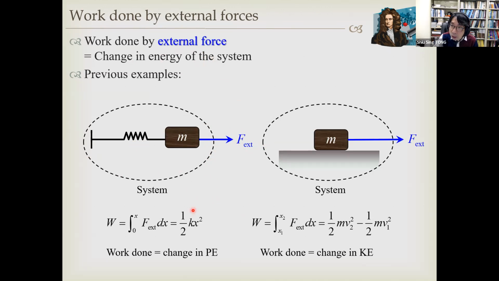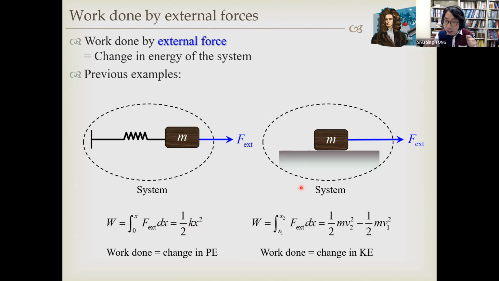And in the beginning of this chapter, we found that applying the external force on stretching the spring will cause the work to be stored up as potential energy in the spring. So the work goes to the change in the potential energy, and that's half kx squared. That's what we introduced to you at the beginning of this chapter, right?